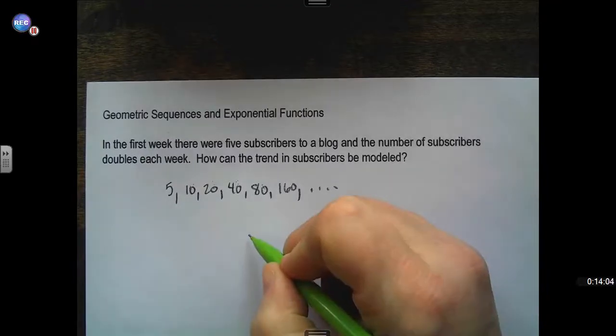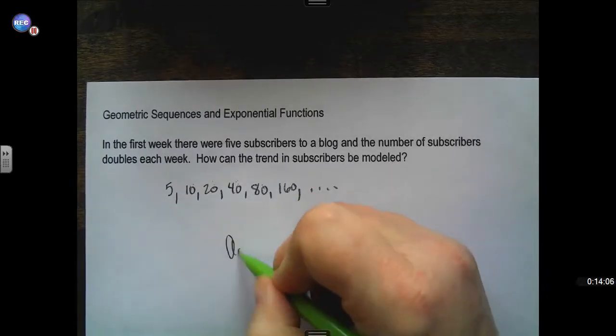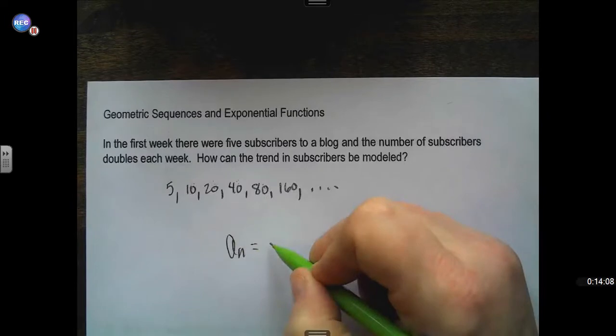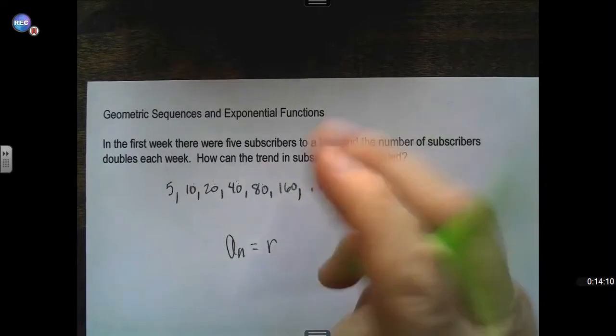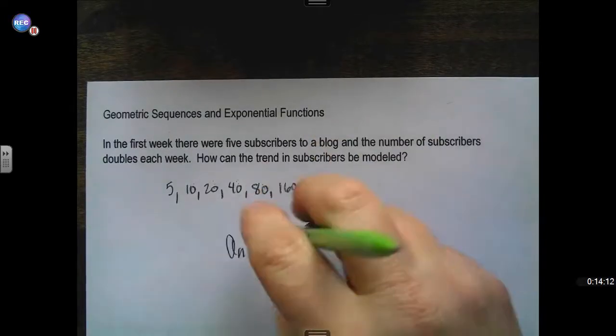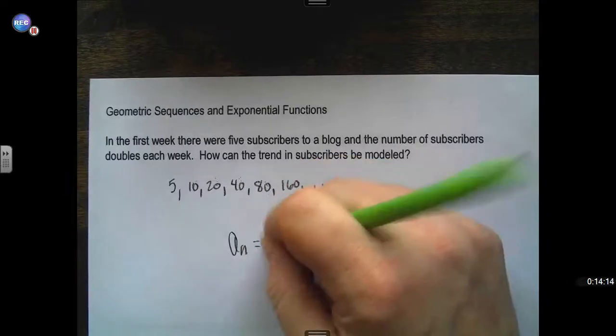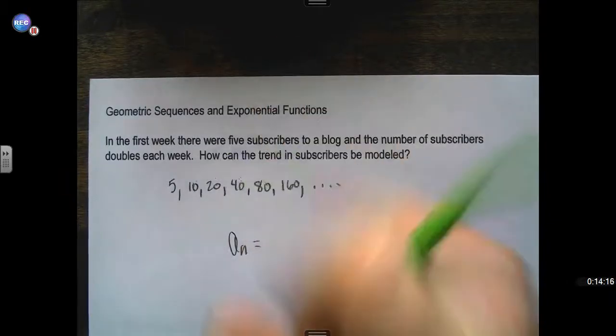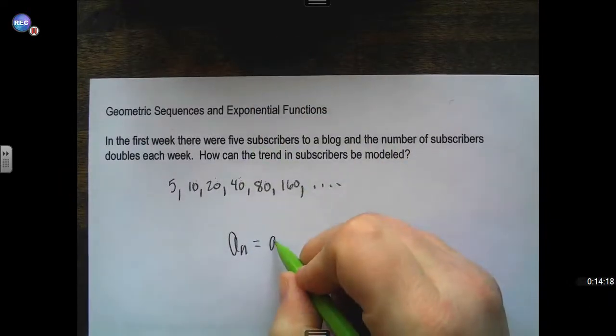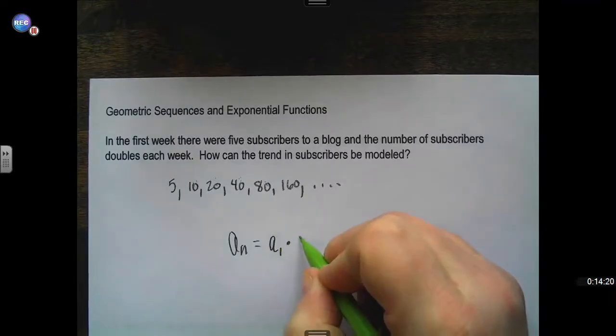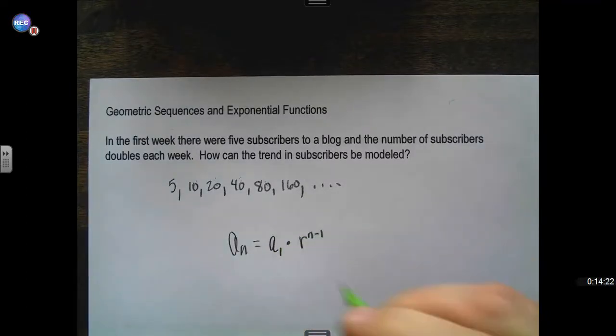And we can write the explicit formula, a sub n equals a sub 1 times r to the n minus 1.